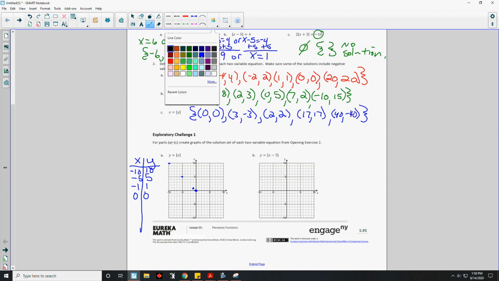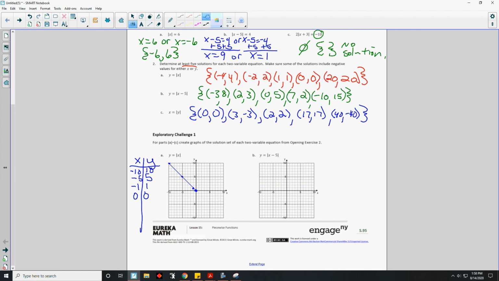Obviously, I can do this with my program. You can do this with a ruler. Okay, so there's my left side. Now I've got to complete the right. So to the right, how about I use the point 2? The absolute value of 2 is 2, so I go over 2, up 2. That's right here. How about 4?